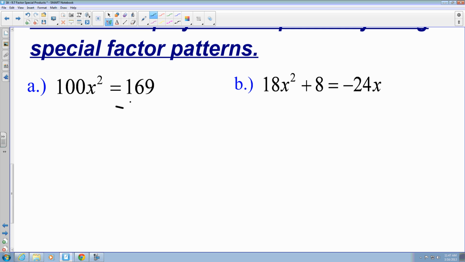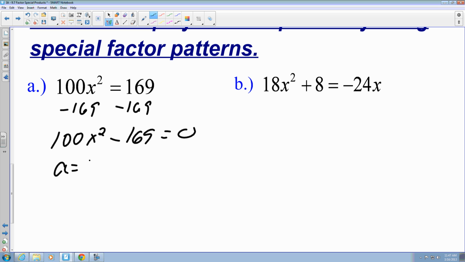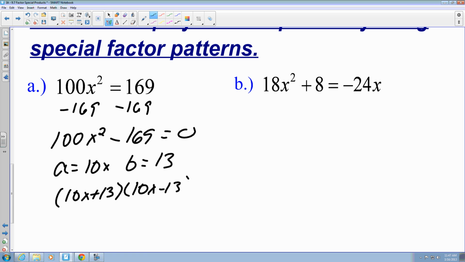So I'm going to subtract 169 from both sides, which gives me 100x squared minus 169 equals 0. And as I look at that, it looks like the difference of two squares, where a would be 10x and b would give me 13. So I can write this as 10x plus 13 times the quantity 10x minus 13 equals 0.